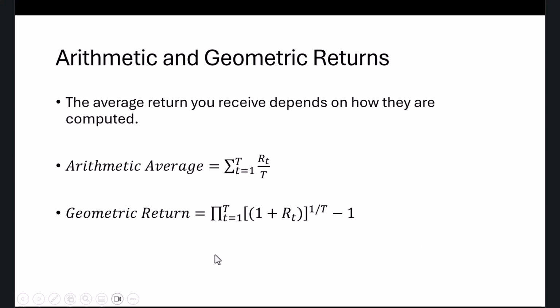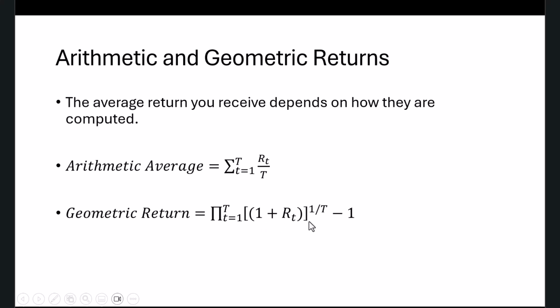The geometric return is a little different. You're going to take 1 plus the return, and the return is going to be in decimal form, and you're going to multiply them together. So you're going to have 1 plus the return in the first period times 1 plus the return in the second period times 1 plus the return in the third period, and then instead of dividing by the number of observations, you're going to raise this value you have to the 1 over T power.